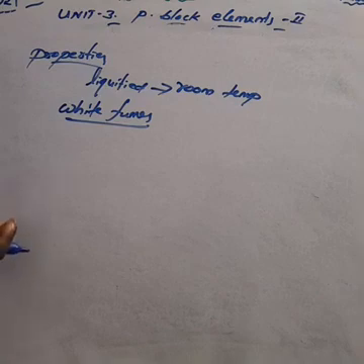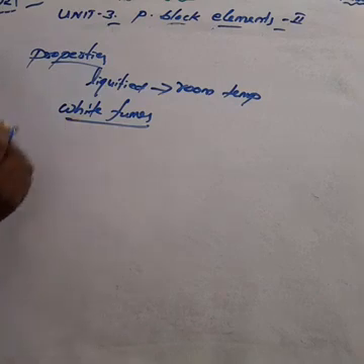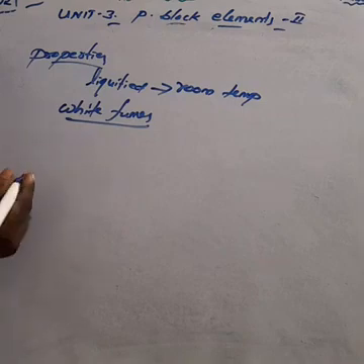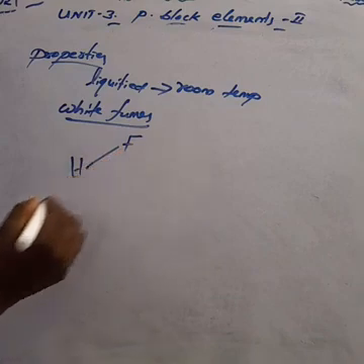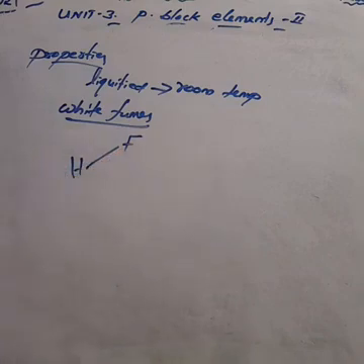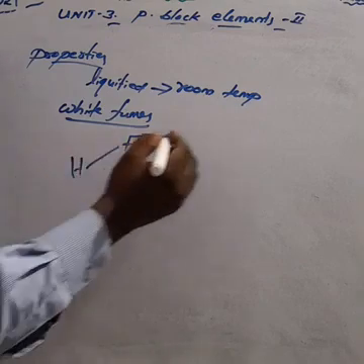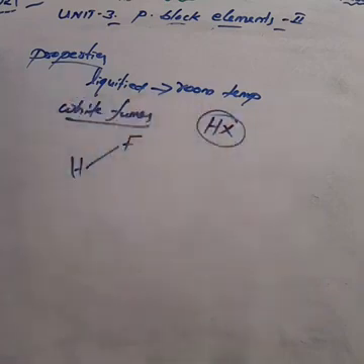In hydrogen fluoride, there is a strong hydrogen bond. It has a high melting and boiling point. This effect is absent in the other hydrogen halides. What about the hydrogen bond?